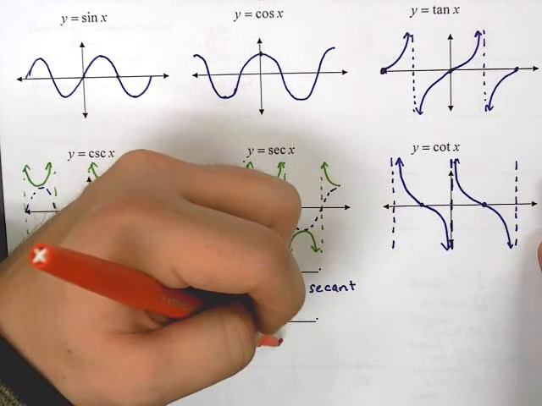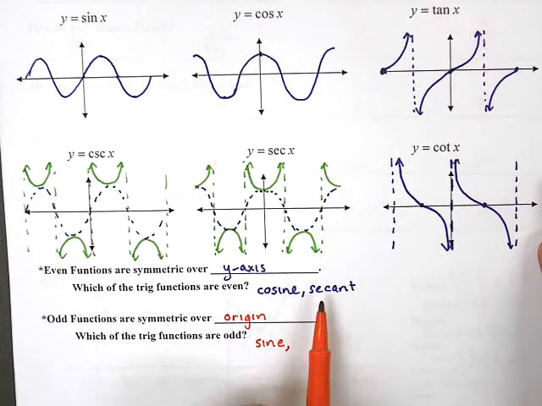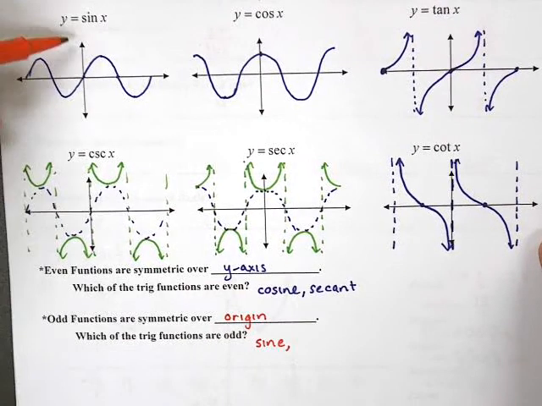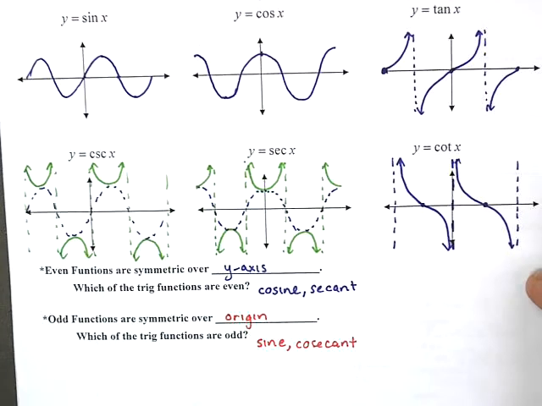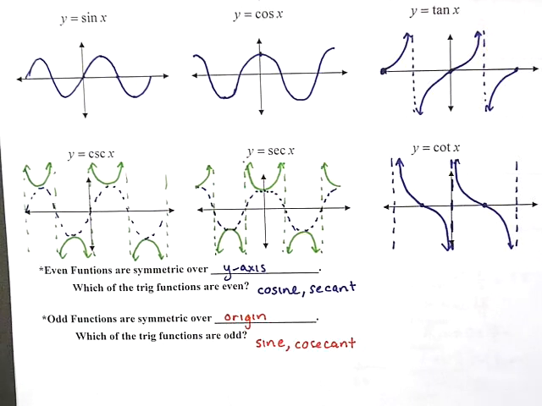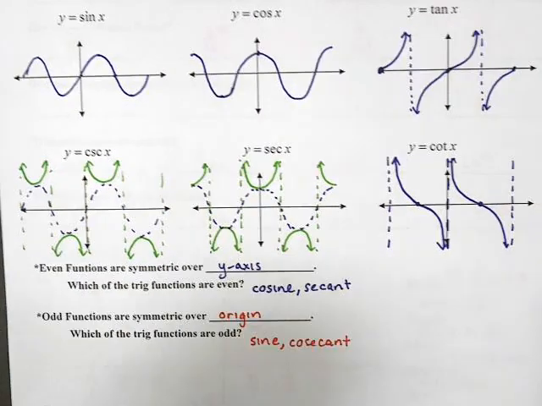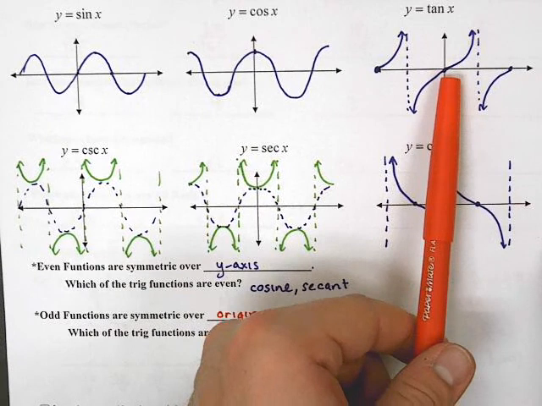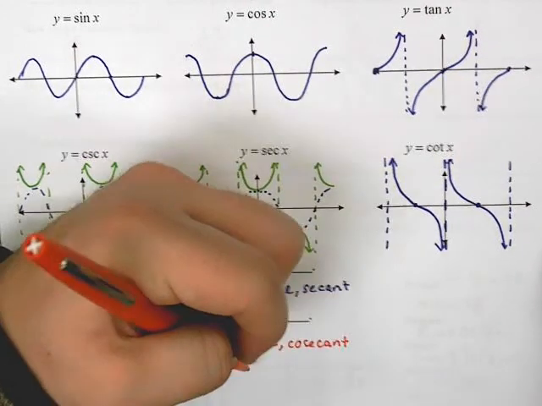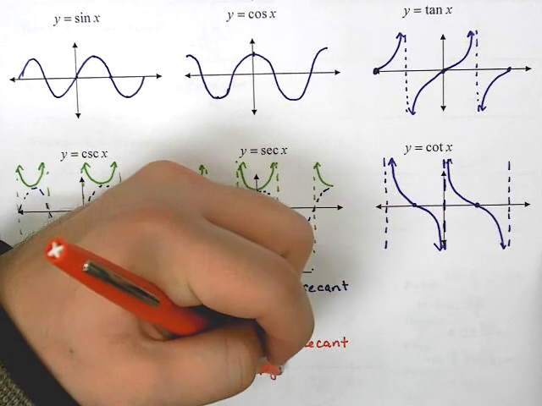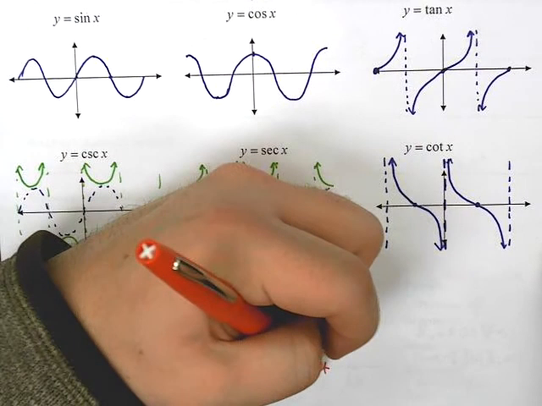So sine, and its pair, right? Cosine and secant went together. So sine and cosecant have origin symmetry, or odd functions. And then let's take a look at tangent. If we flip our paper, wouldn't it be the exact same? Absolutely. So we can add tangent and cotangent to our list as well.